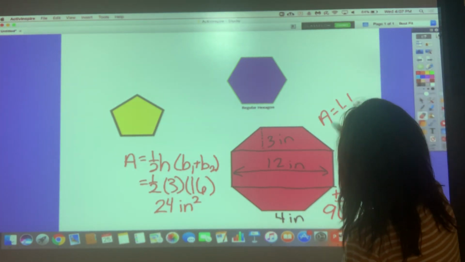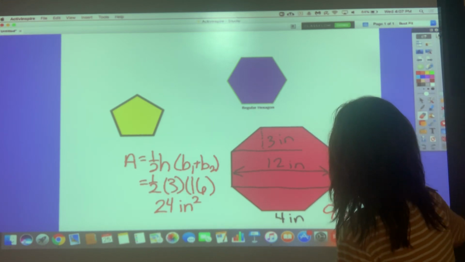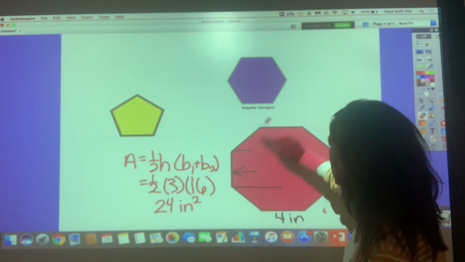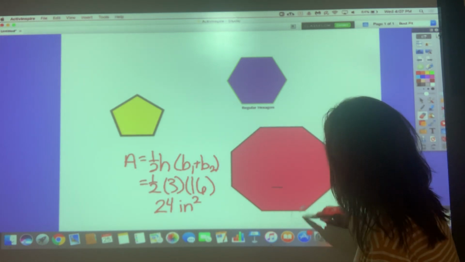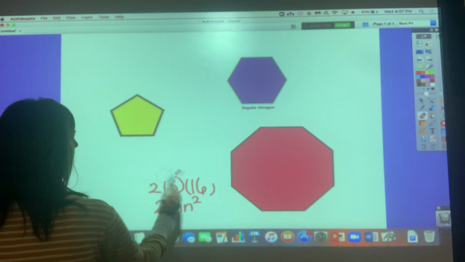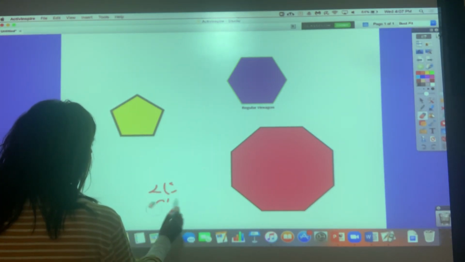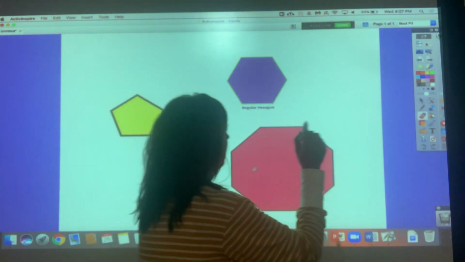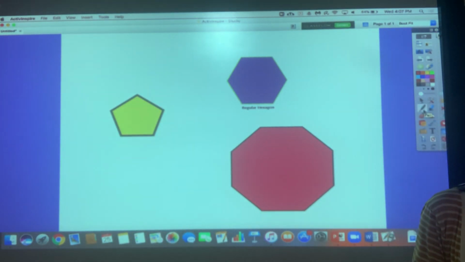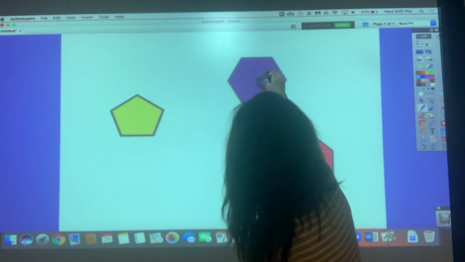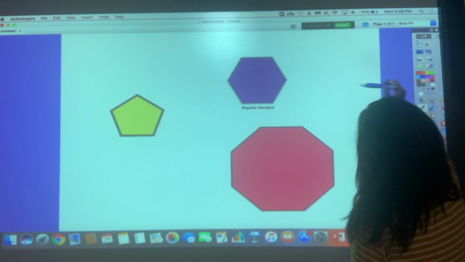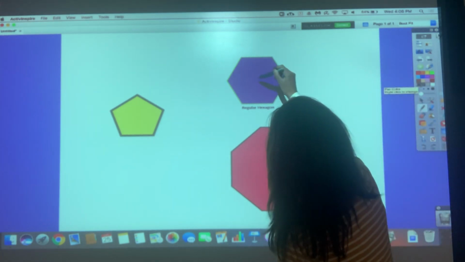All right, let's look at something else. Even though each of these can be split into identical triangles, sometimes you might see them split into some other things. Let's look up here at this regular hexagon, and look at something that you might see with a regular hexagon. We're going to split it like this.